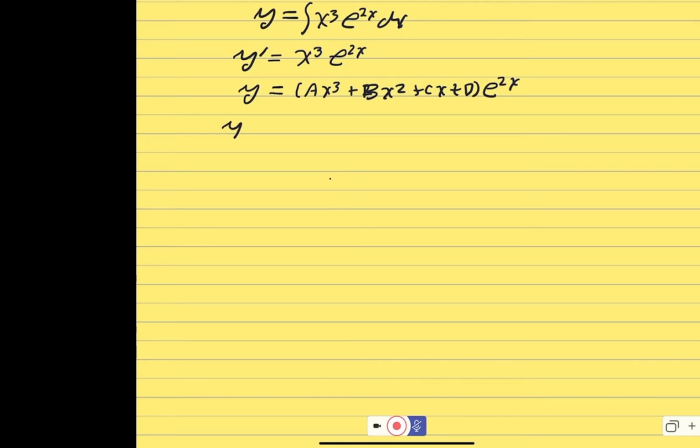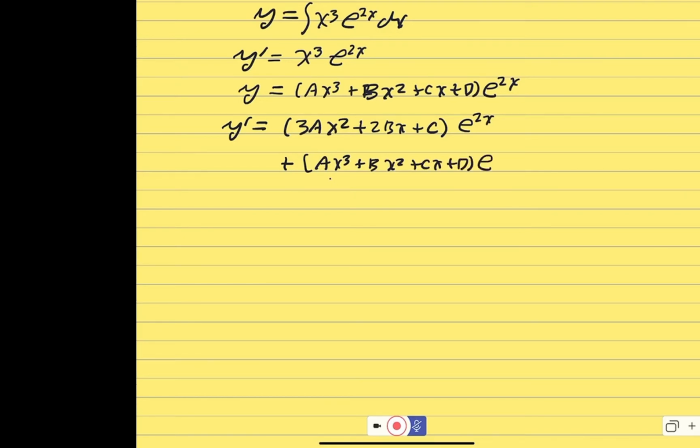So let's take the derivative, y prime. The derivative of the polynomial part is 3a x squared plus 2bx plus c, and the d drops out because it's constant, plus the polynomial part, a x cubed plus bx squared plus cx plus d, times e to the 2x times 2 by the chain rule.